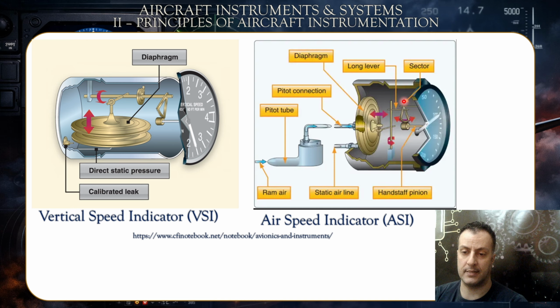This is a sector here, and this will rotate the hand staff pinion again, which is connected to the needle that will indicate the airspeed. And usually the measurement unit is in knots. All right, it can be converted to miles per hour, but usually the official system is in knots.